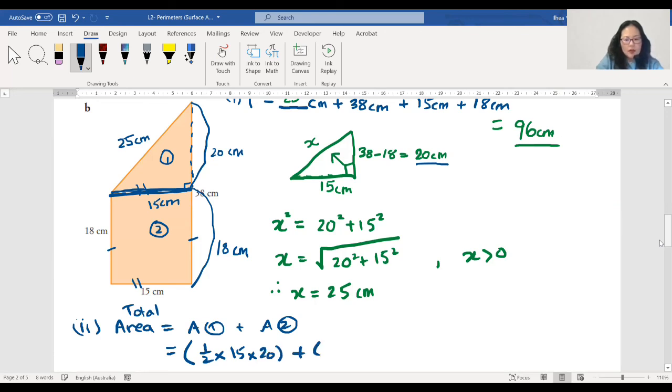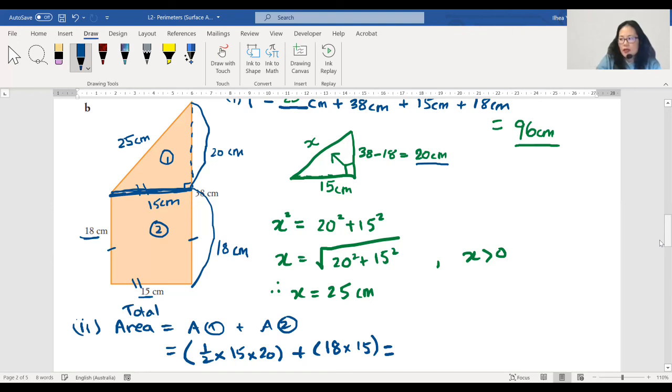Plus, now area 2 is my rectangle here, which is length times width, which is 18 times 15. So I'm just going to go with 18 times 15. And if you put all that in your calculator, what are you going to get?